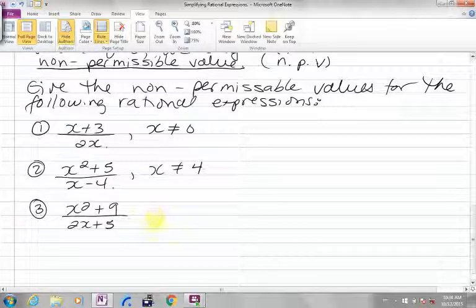Everybody agree with that? I don't. Shirley? Yeah, it's going to be the opposite side.